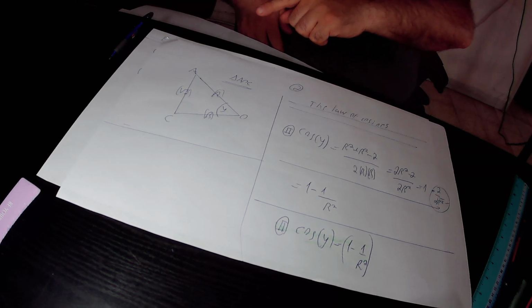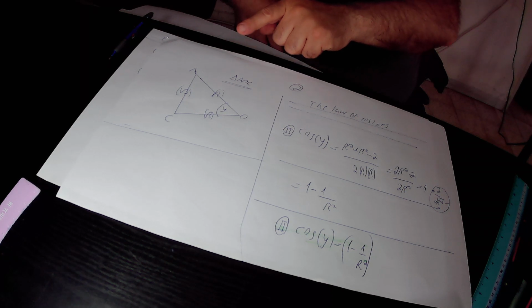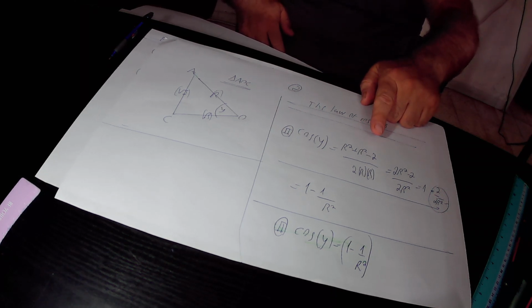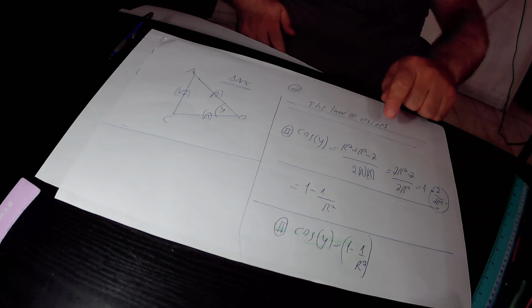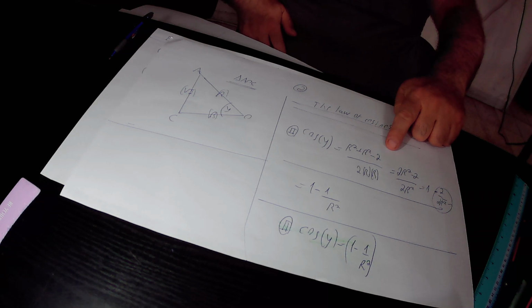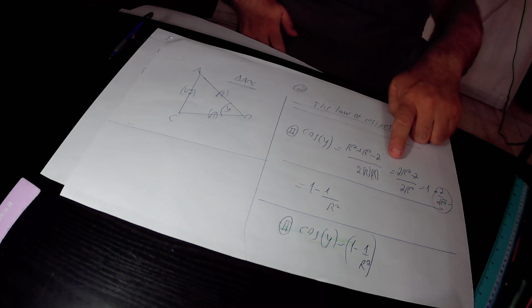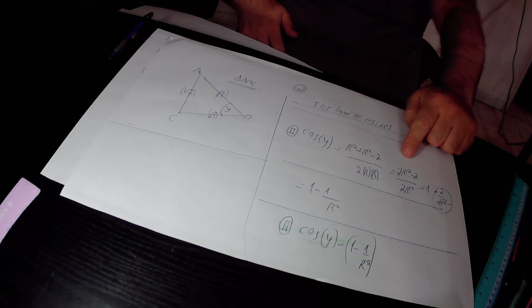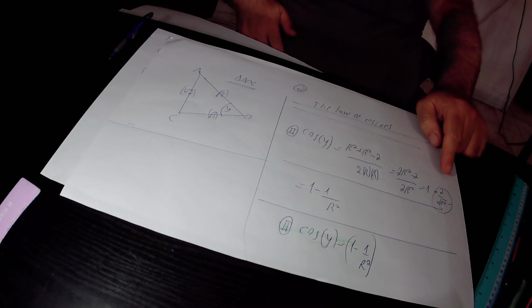So in total, according to the law of cosines, cosine Y equals R square plus R square minus 2 over 2 times R times R. R square plus R square is 2R square. So in the numerator of this expression, we have 2R square minus 2 over 2R square. So here we have 2R square over 2R square is 1, and we also have minus 2 over 2R square.